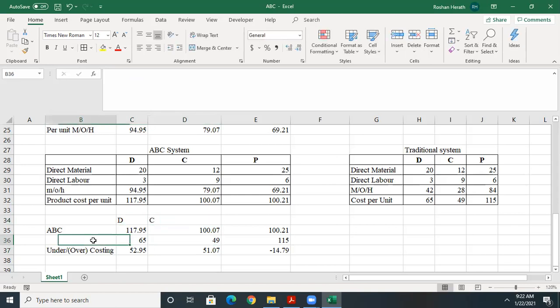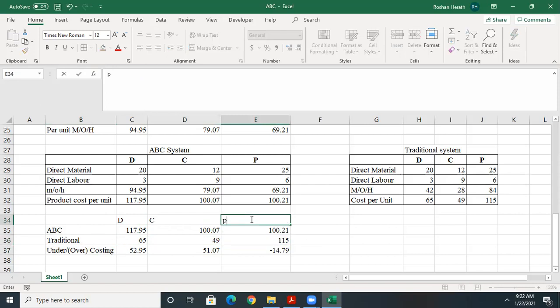So its cost is less than what it should be, because the more sophisticated one is the ABC. So once you compare that, you can see that its cost is less compared to the ABC. So therefore, it's undercosting. But here, the traditional costing is higher than the ABC. It's an overcosting scenario. So that is the ultimate consequence of this.